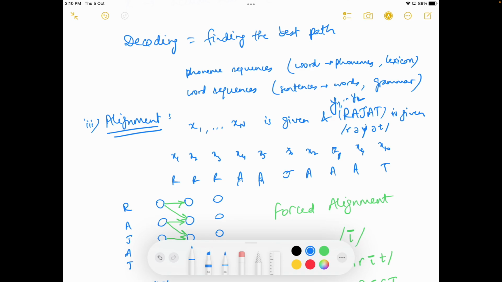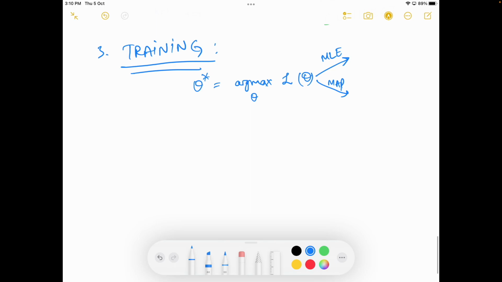L is not the same as n. So this y 1 to L is given, but Z is not given to me. So for training, x1 to n and y1 to L are given. Z is not given.